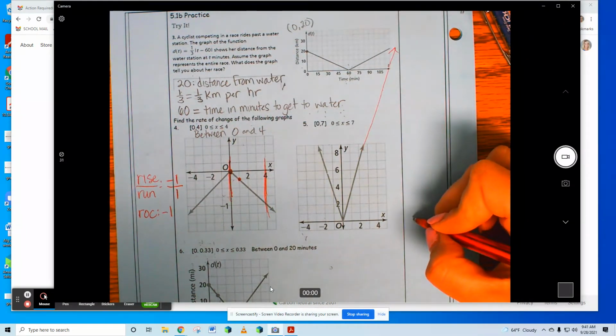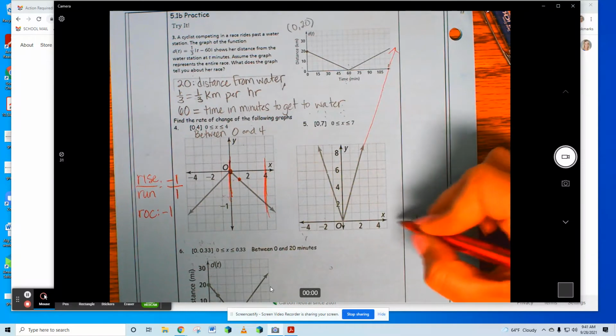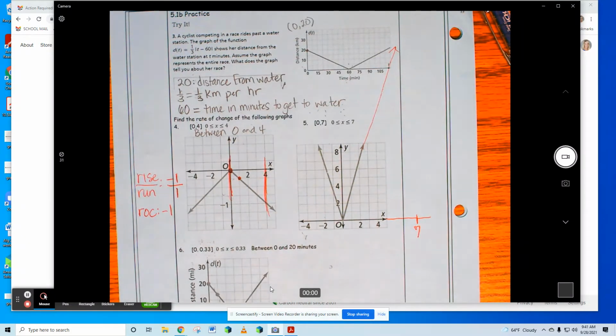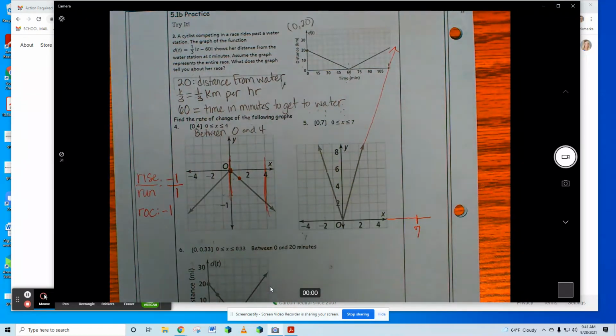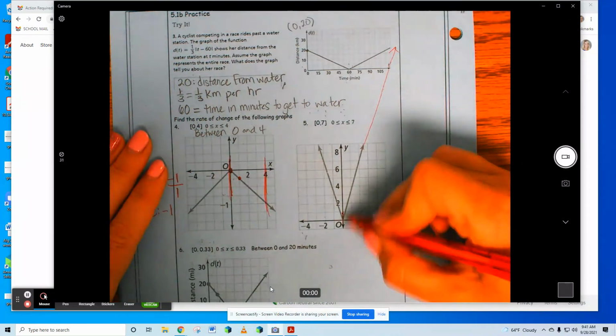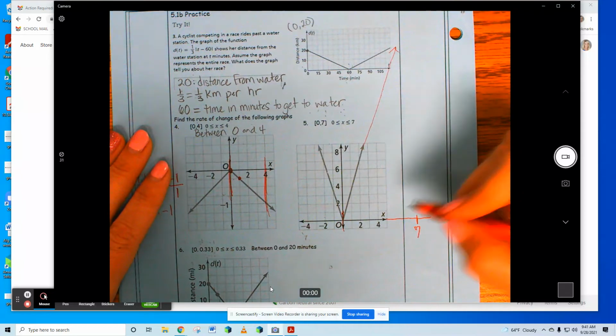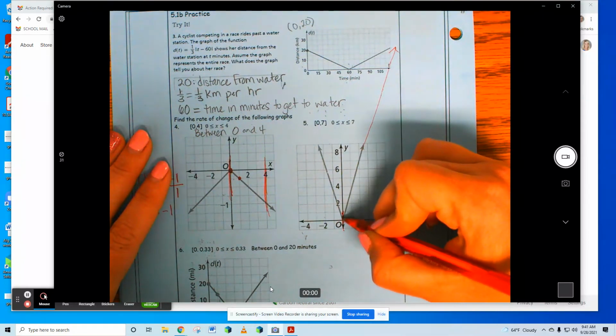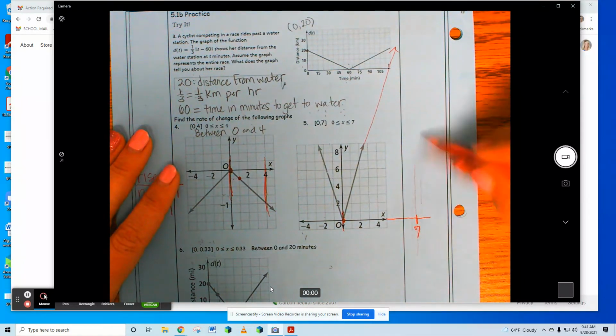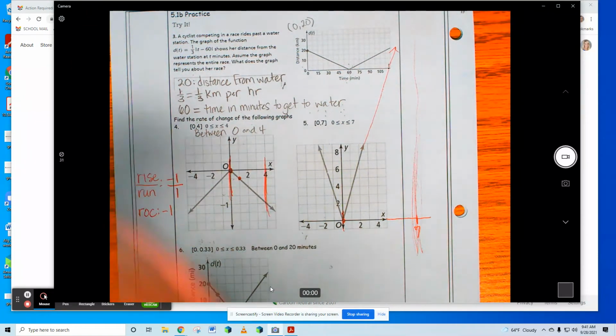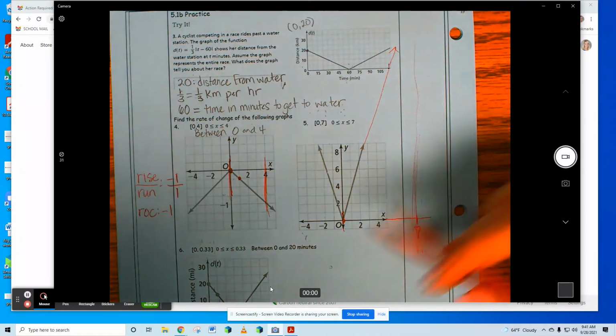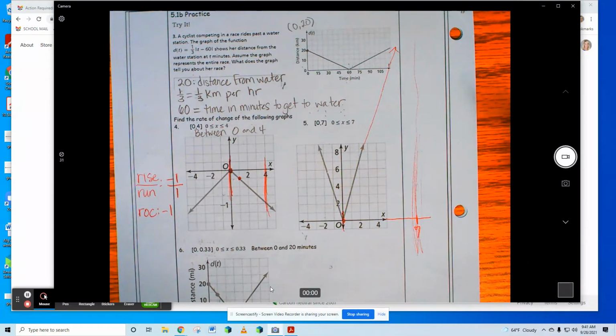So even though 7 would be over here, 5, 6, 7, I can still figure out the rate of change by taking another little piece of it. The line's still going to go in the same order because it's linear. So let's find the slope of the piece that we have.